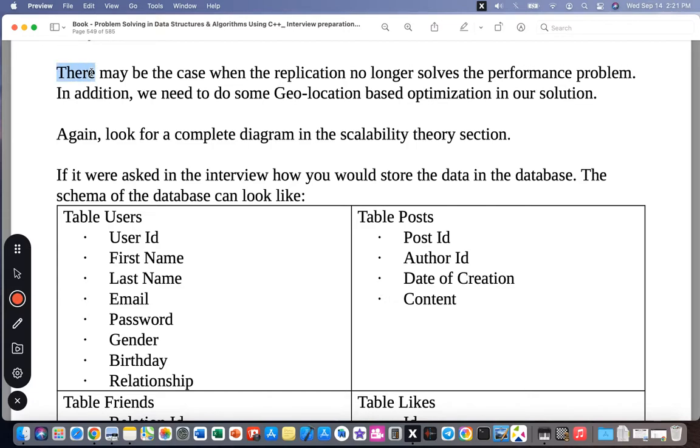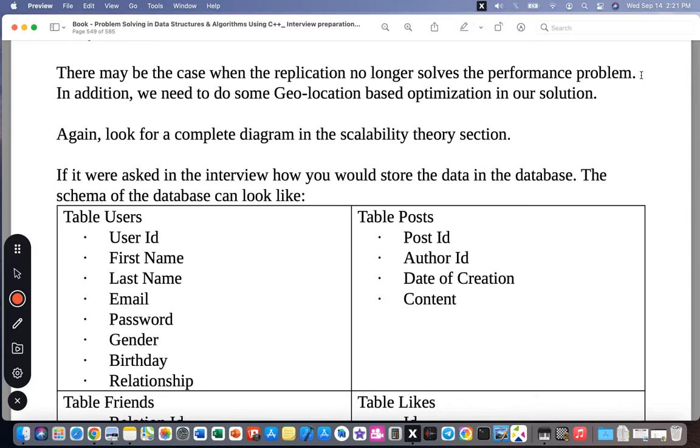There may be the case when replication no longer solves the performance problem.